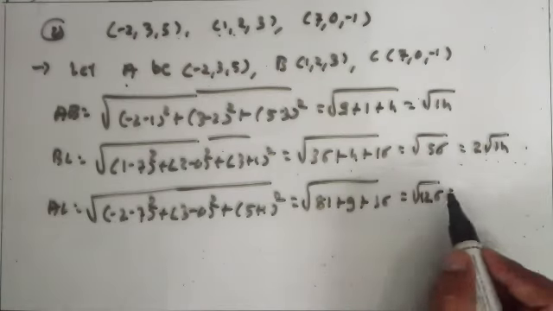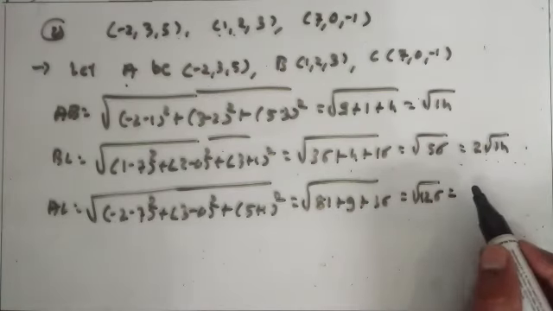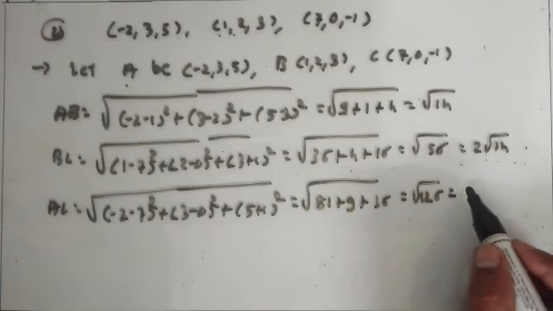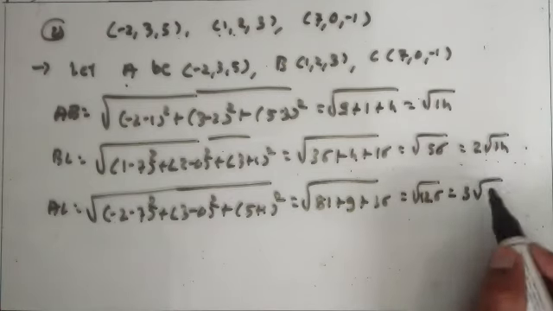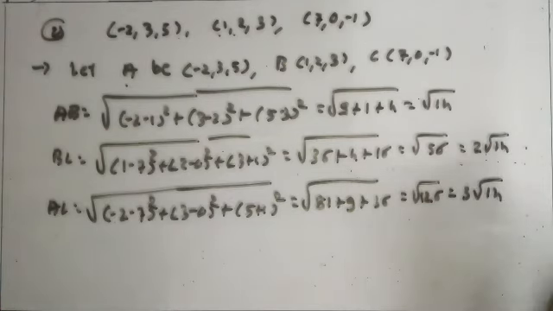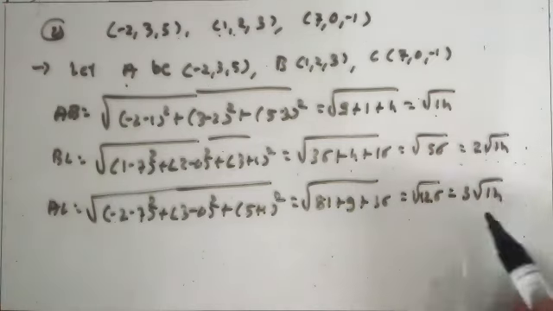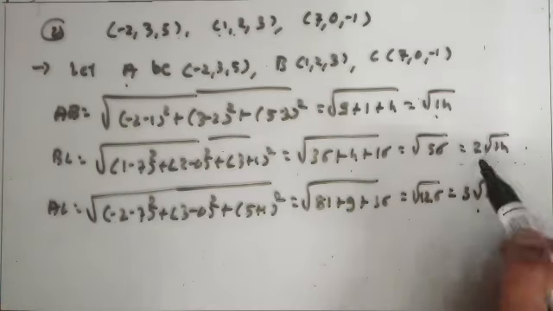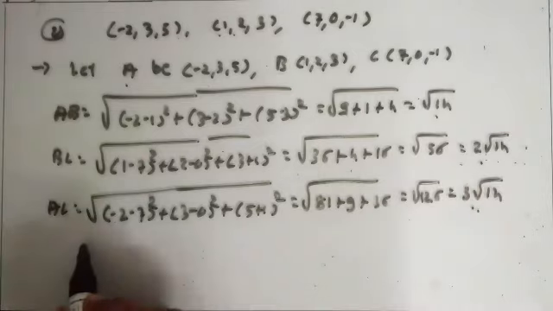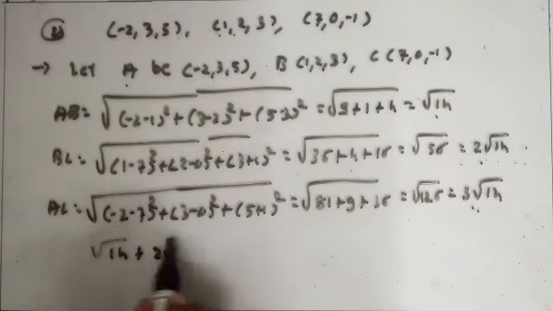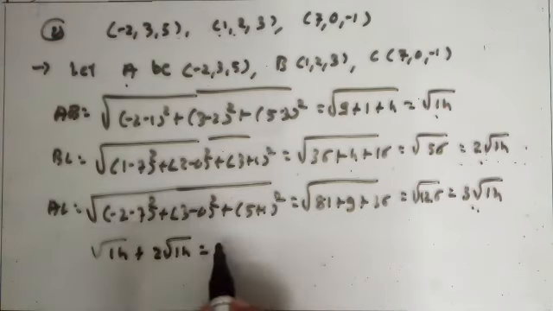So this is equal to 9 into 14. Square root of 9 is 3, root of 14. Here we found that the sum of these two is equal to the third. That is, root 14 plus 2 root 14 is equal to 3 root 14 here.